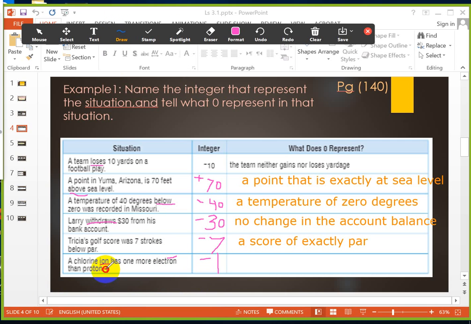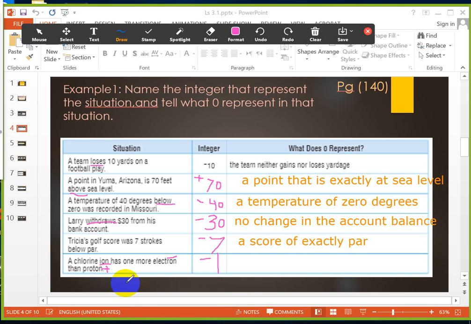If I have one more electron, that means I have one more negative, one negative. This is the integer.